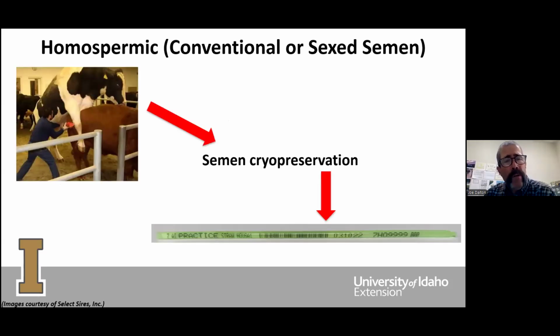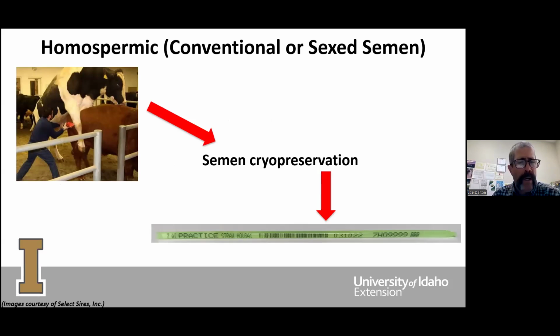So we need to set the stage. What we're used to most is something called homospermic inseminations. And these could be conventional or sexed semen. What we do is, at the AI stud, as we're seeing here in the upper left picture, we're collecting semen using an artificial vagina.